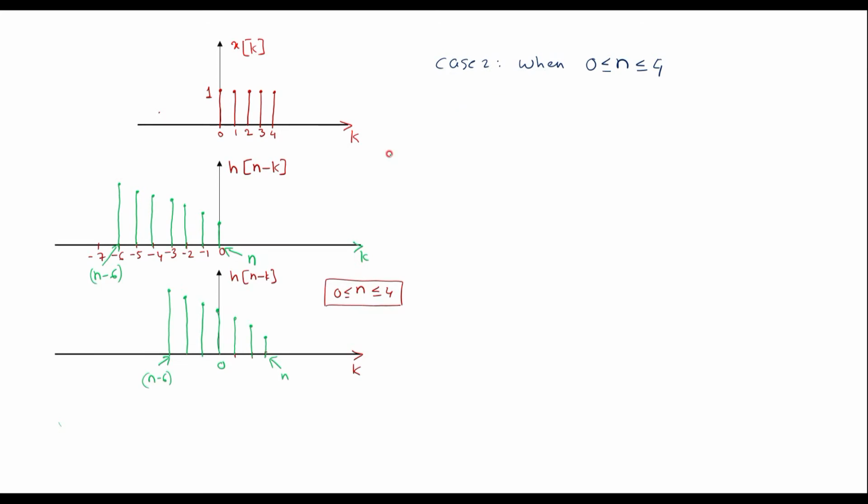Therefore, now I can write y of n as x of k multiplied with h of n minus k will be equal to, we know that h of n is alpha power n. Here n is replaced by n minus k, so it is alpha power n minus k for k less than or equal to 4, greater than or equal to 0, and its value is 0 otherwise.